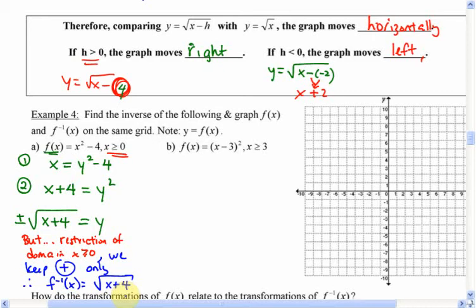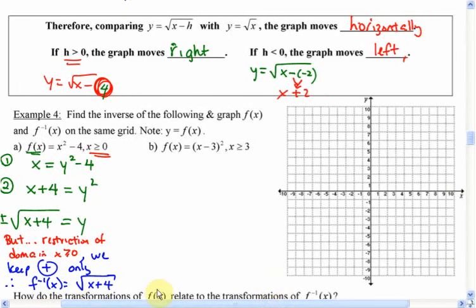All right, and let me just quickly show you how to graph this one out. I hope you remember how to graph quadratics. Remember x squared minus 4, you've got the vertex at 0, -4. And then if you plug in 1, you get this and that. So here's the graph of y equals x squared minus 4 with the restriction.